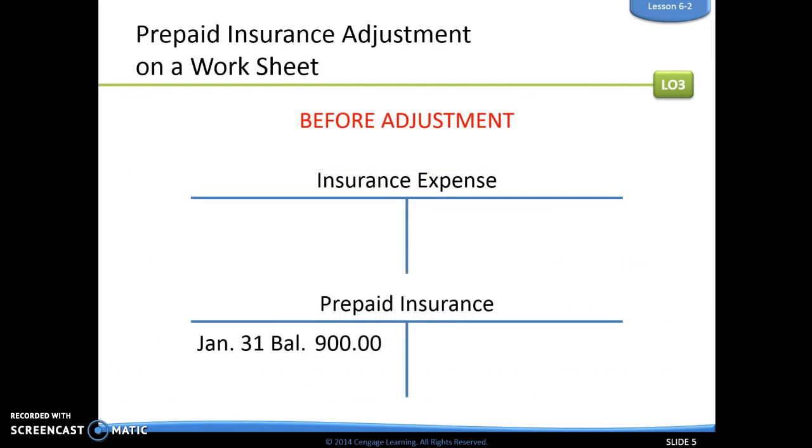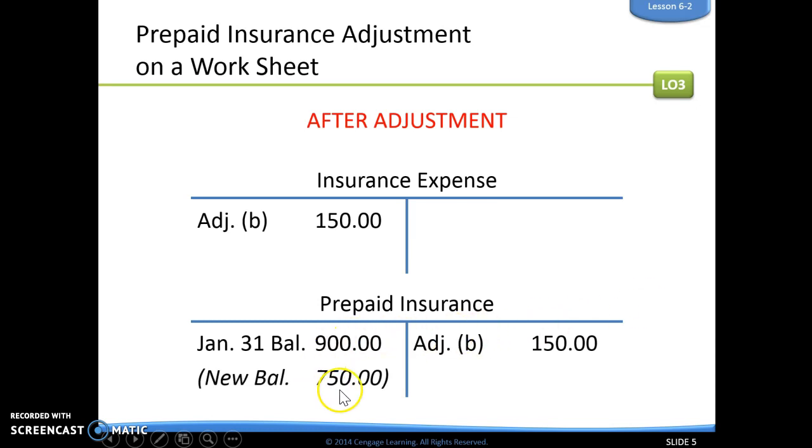Next one we're going to look at is our prepaid insurance adjustment. Same thing, when we look at prepaid insurance, it shows that we have $900 worth of insurance. However, through that fiscal period, we've used insurance. So what we see is that we should have that equal to $750. We're going to take what it was minus what it should be.